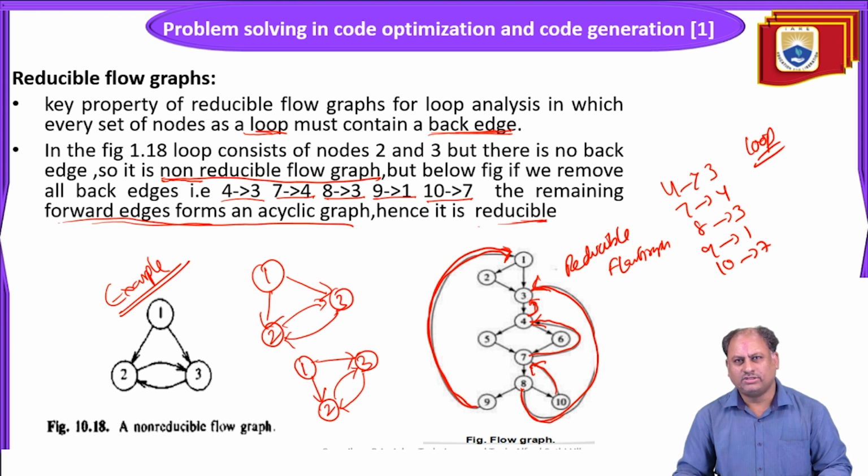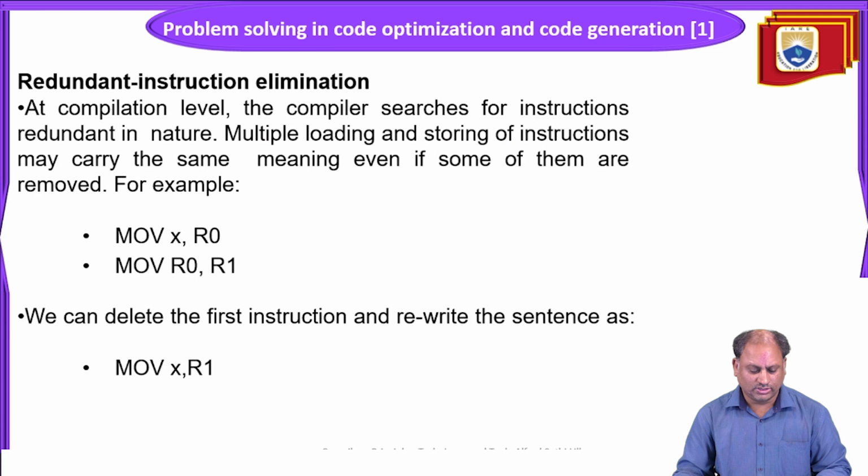That means for a cycle to form, back edges are required. But in this graph, back edges are there. So the remaining are all forward edges, which form an acyclic graph. So that's why it is a reducible flow graph. So it is an example which shows the reducibility.